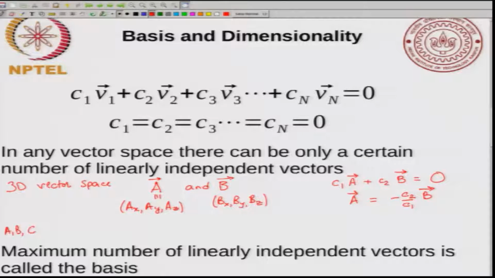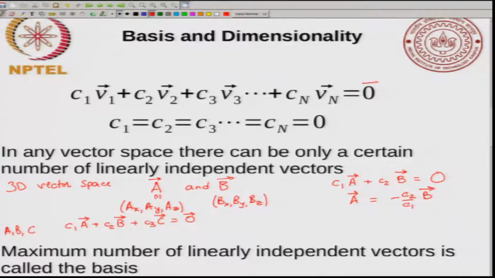Then the condition for linear dependence is that C1 A plus C2 B plus C3 C equal to 0, and I should emphasize that this is actually a 0 vector.